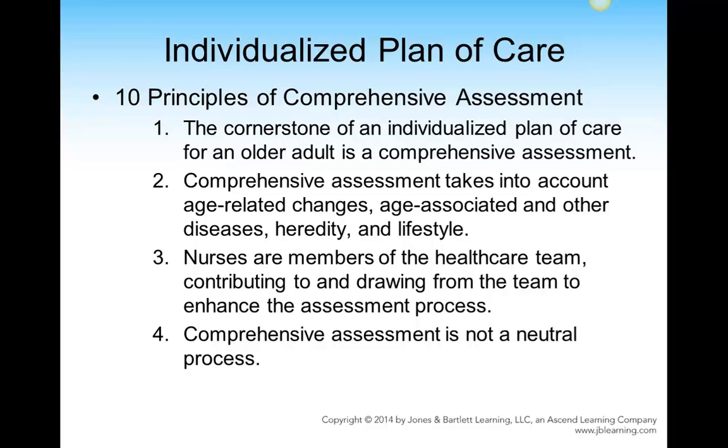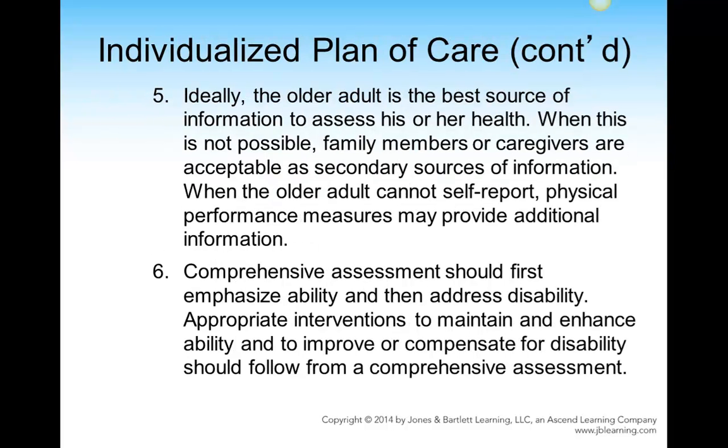We need all members of the team to help. We are not experts in all the services available in the community, or knowing the best or most appropriate use of adaptive equipment as an occupational therapist may to make those ADLs better, or for functional ability to get the physical therapist involved, the nutritionist. And it is not a neutral process. It is very evolving and it is ongoing.